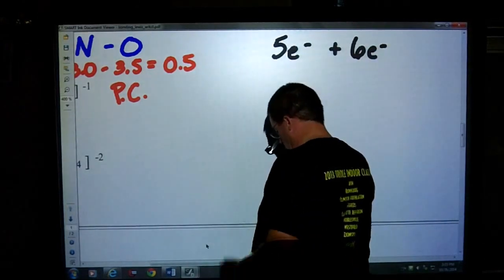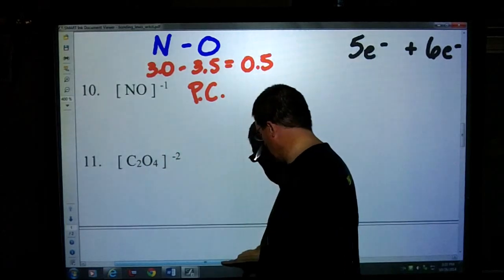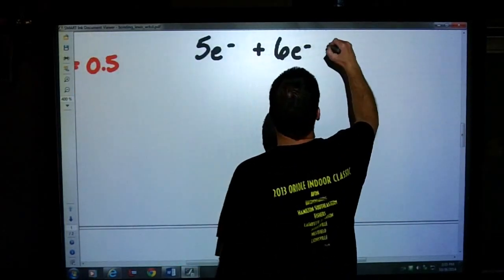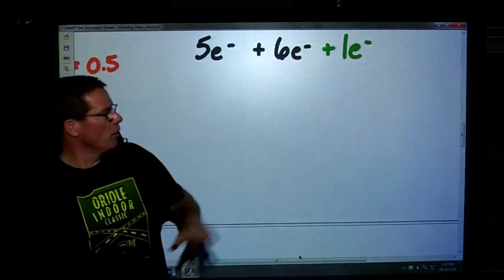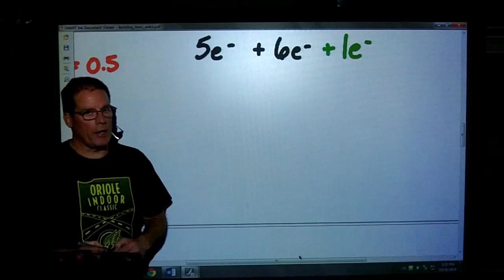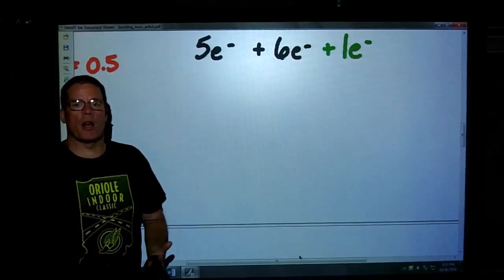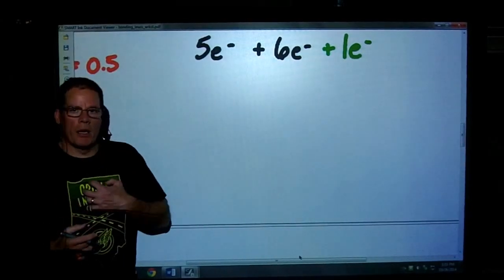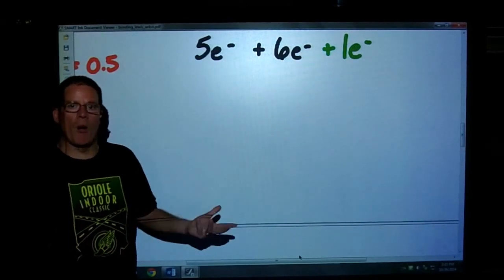But since there is a -1 charge, that means that we're also adding 1 more electron. Now, the good news is we don't care where that electron's coming from, and we don't need to designate where that electron's at within the compound. If you're sharing with somebody, then you don't say, that's mine. We're sharing, and it's ours.